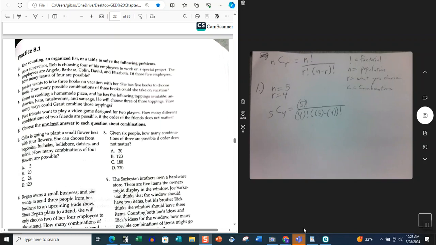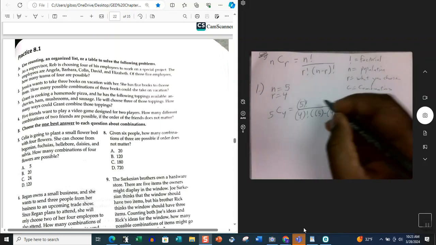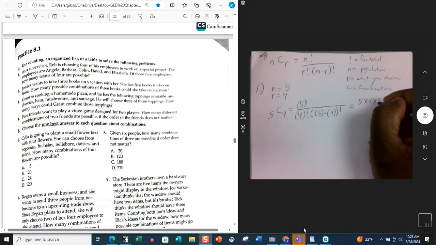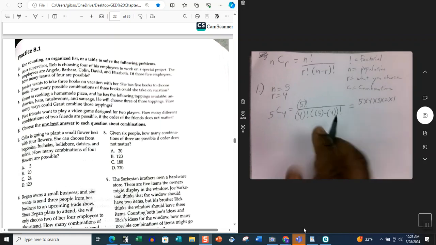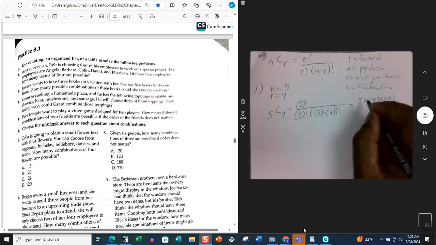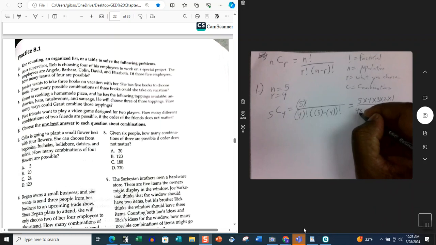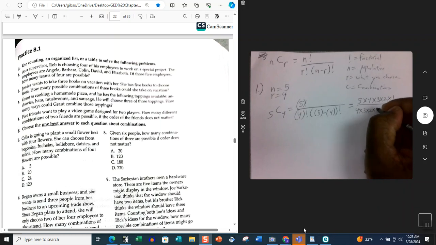Now, just to give you a little clarity, when you see factorial, factorial just means that you're going to take whatever number you have and multiply that number down to the number 1. So like 5, you would do 5 times 4 times 3 times 2 times 1. That is what 5 factorial means. Now 4 factorial means 4 times 3 times 2 times 1.